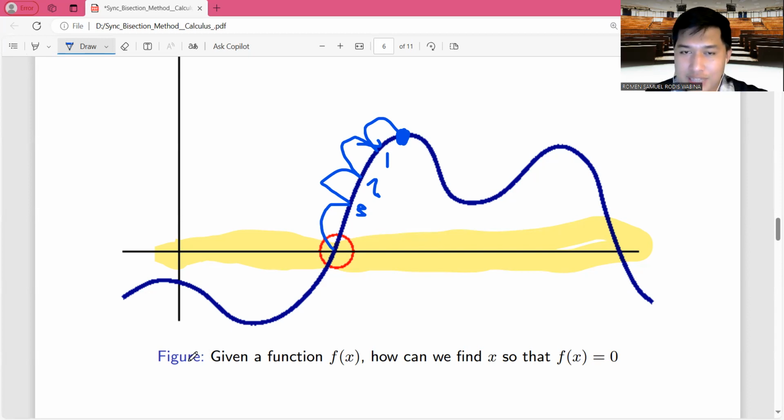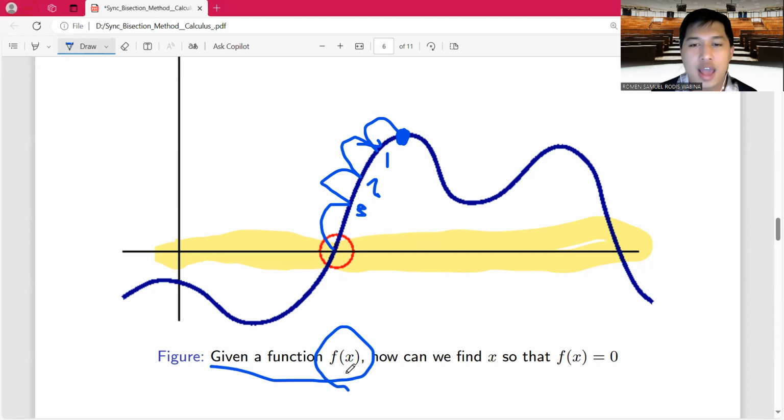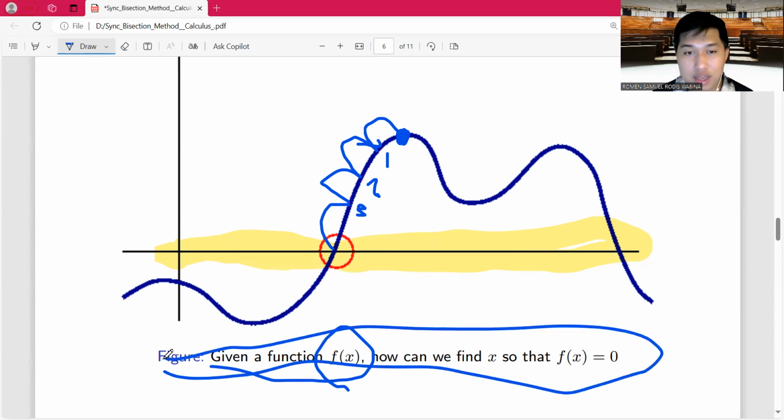So this answers the question: given a function f of x, or a polynomial function, how can we find x such that f of x is equal to 0, given that x is the root of this polynomial function? The iterative method answers this question.